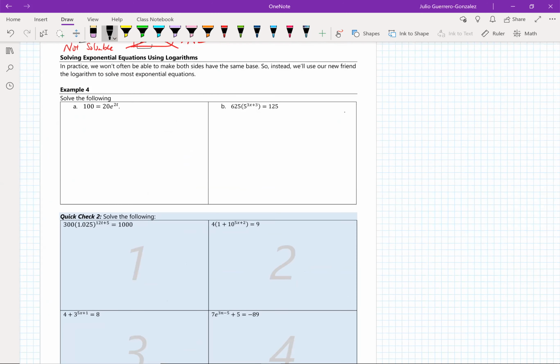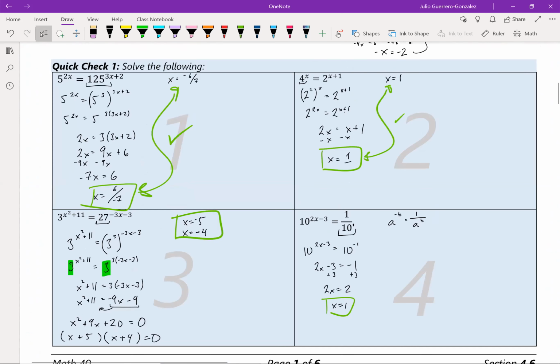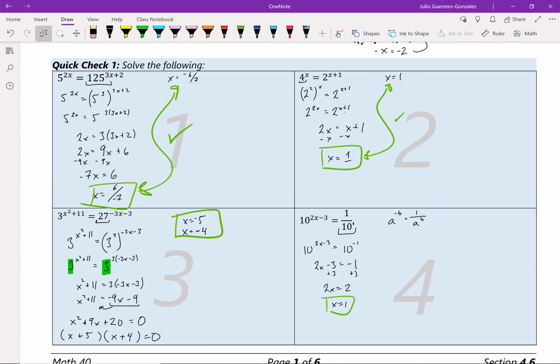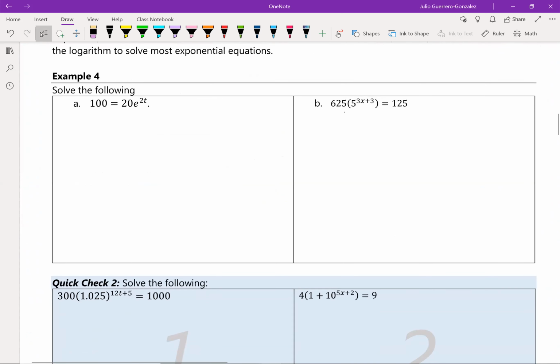So the next couple are now going to be actually what you're going to see more often when you work with logarithms and with exponents. Rarely will you get stuff that has the same base like we had up here. You'll actually get stuff that has mixed bases. Okay? So that's what these examples are going to cover.